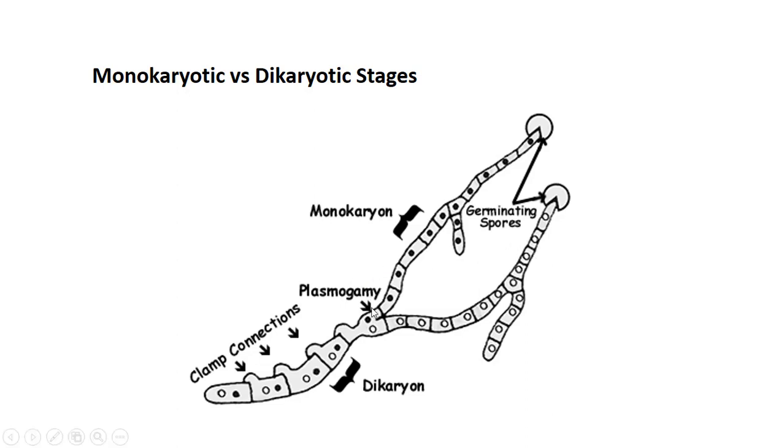Plasmogamy is the first step of fertilization, but there's no fertilization yet. What happens in plasmogamy is that the cytoplasms of these two hyphae from different fungi fuse into one. However, the nuclei don't fuse, so there is no fertilization yet.